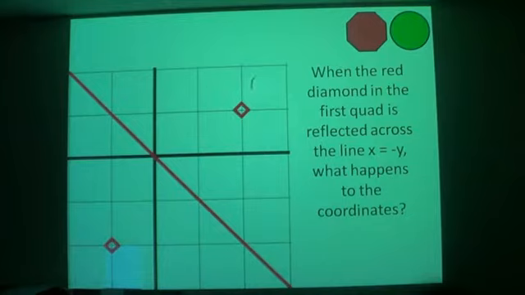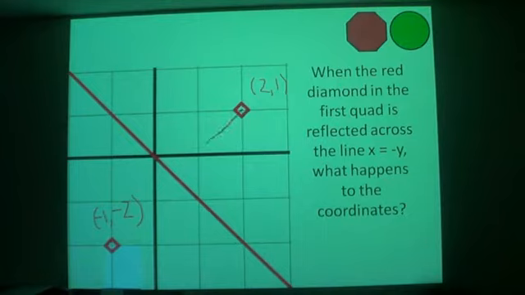All right, let's see. The coordinates in quadrant 1 are x is 2, y is 1. They're both positive. We know that down here they're going to be negative, negative because it's in quadrant 3. But x is negative 1 and y is negative 2. Because we can draw a little sketch here.